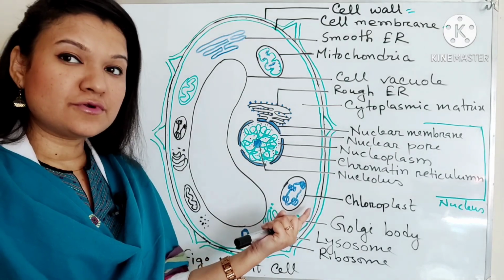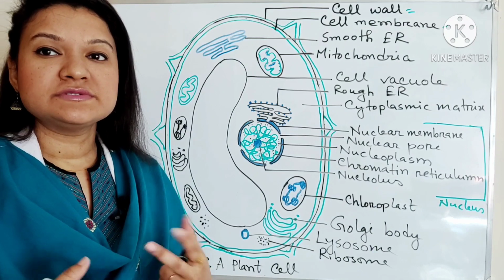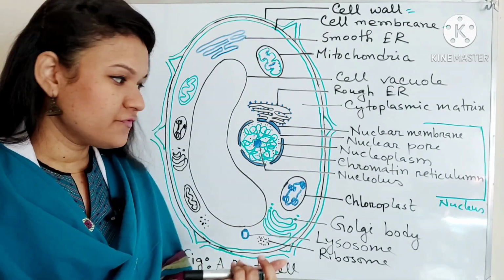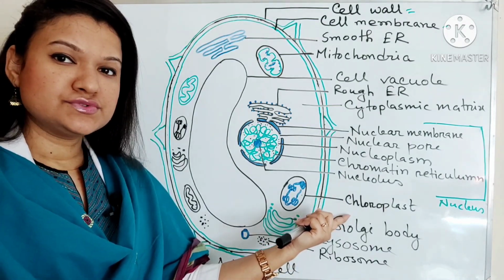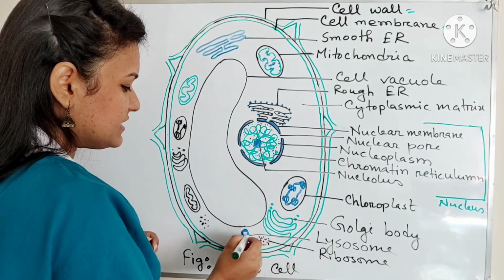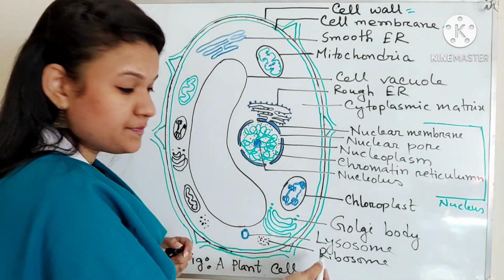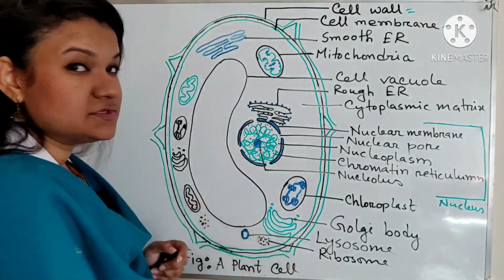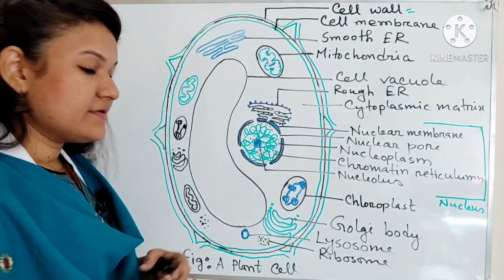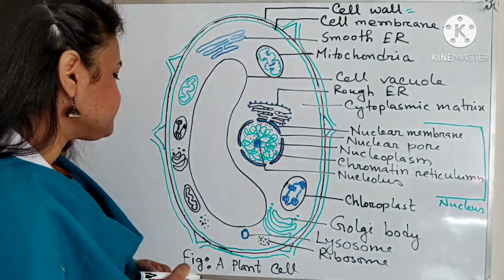Because of the chloroplast, plant cells produce their own food and animal cells do not produce their own food. So this is the chloroplast, and this is the Golgi body, and this is the lysosome, and this is the ribosome. Ribosome is called the protein factory of the cell, and ribosome is present in both animal cell and plant cell.